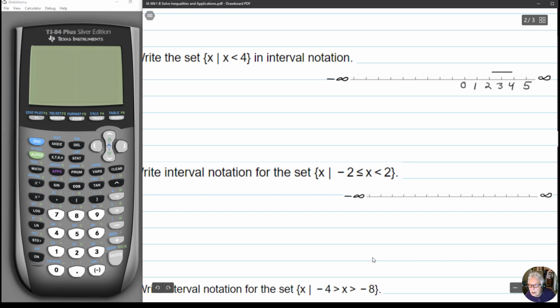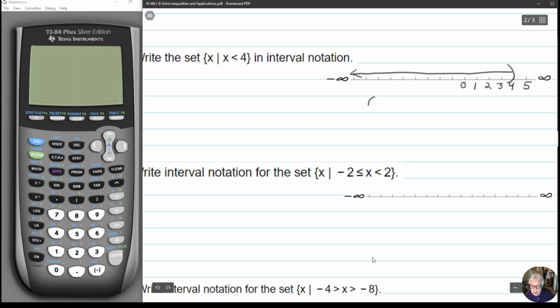So I'll have an arrow going off to the left, just like this arrow. And because there's no equals to bar, I have to put a parenthesis. Now look at the number line. Our arrow goes all the way to negative infinity.